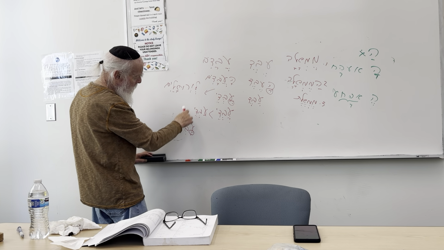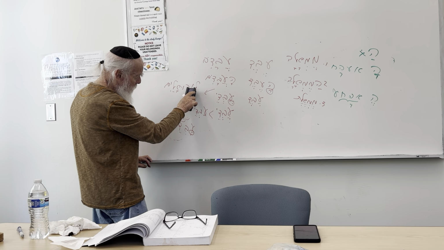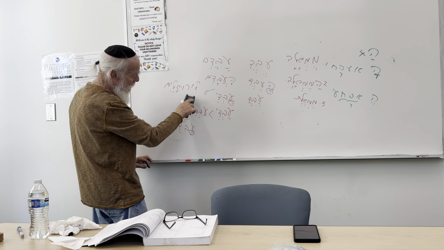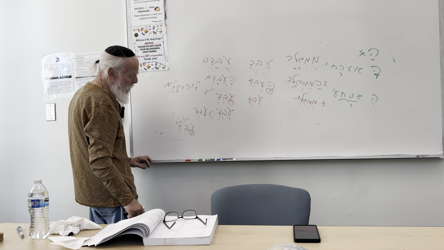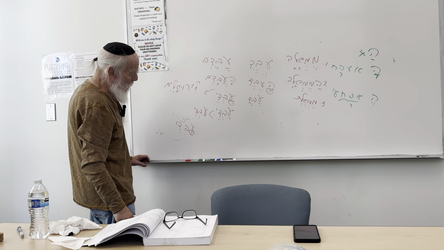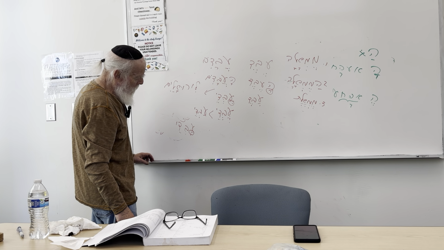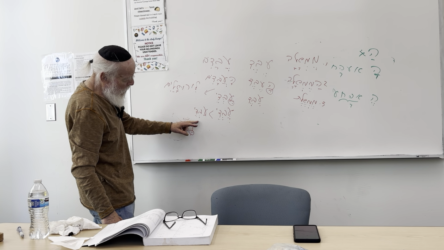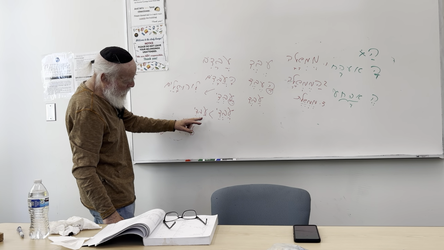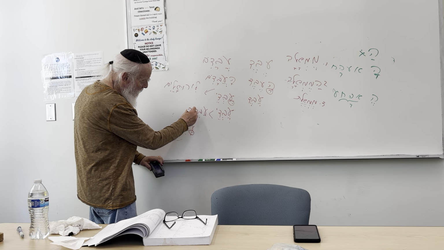A shva cluster you break by pointing a chirik, and you go one step further, dropping the shvana underneath it, so it goes into a long vowel. If you want to see a comparison, I guess you can do that. But what's interesting, when you write the word avdei, if this were truly a shvana, and this was truly a patach, then I should have a dagesh kal in the dalet.